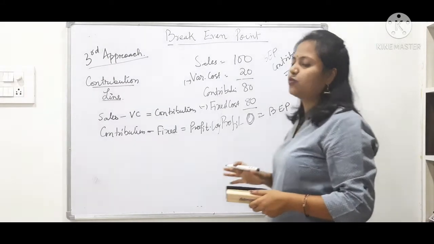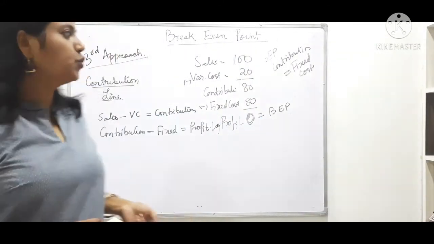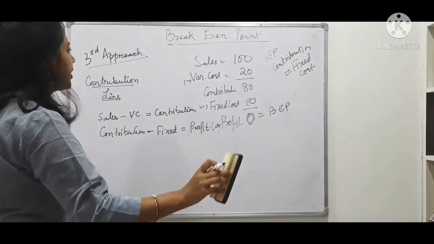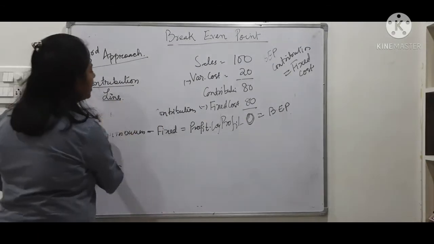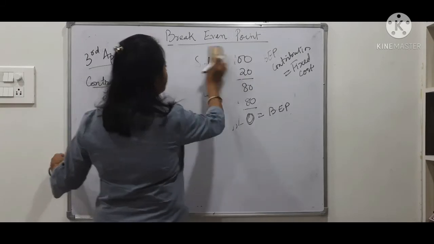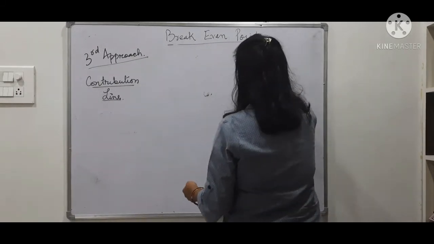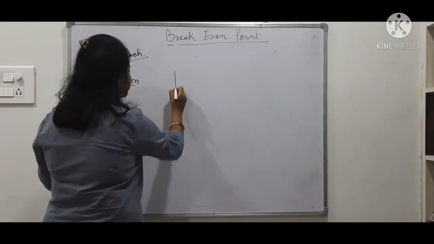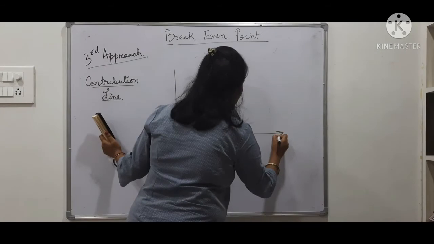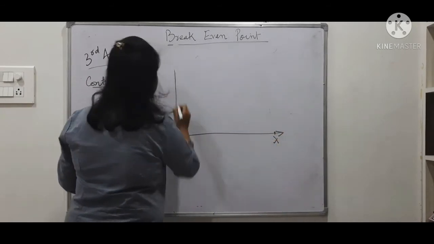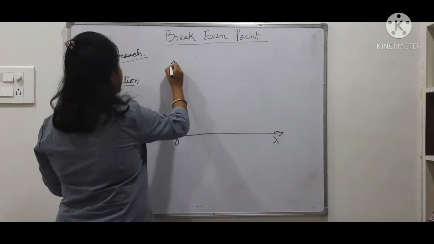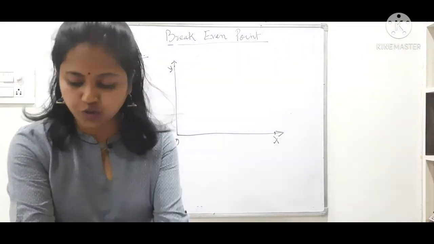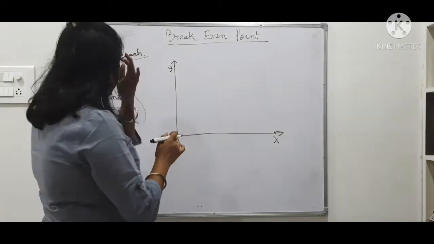So this is what I wanted to tell you before I show you the graphical representation. If you have not understood, don't worry at all. I am sure with the help of a graph you will be able to understand it better. So let's start. Here is my OX axis. Here is my OY axis. Now I'm going to plot three things.